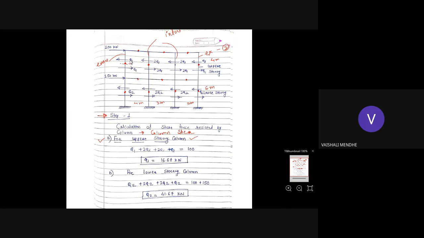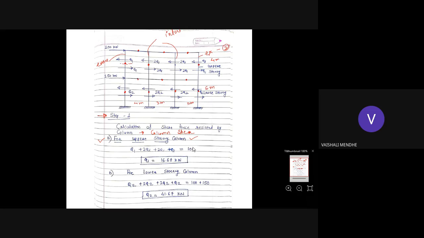This is Q1 plus twice Q1 plus twice Q1 plus Q1, plus this is the right side, this is minus and this becomes plus, so naturally this Q1 plus twice Q1 plus twice Q1 plus Q1 will be equal to 100.